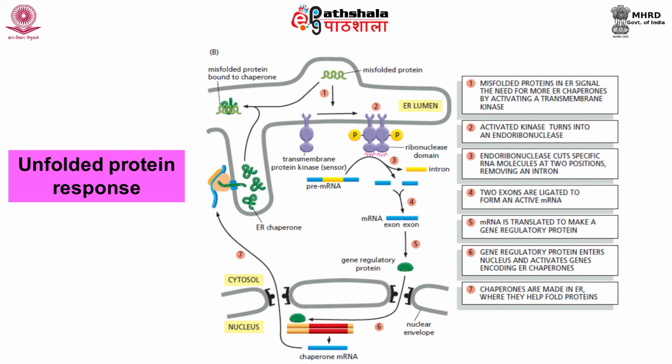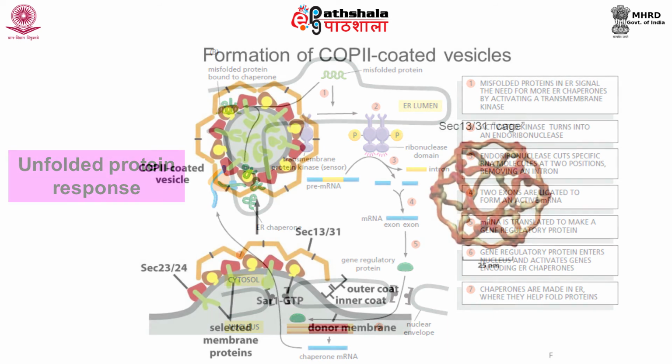Then the two exons are ligated to form active mRNA that is translated into a gene regulatory protein. This protein enters the nucleus and activates genes encoding ER chaperones. So, more chaperones are made, which help in protein folding.